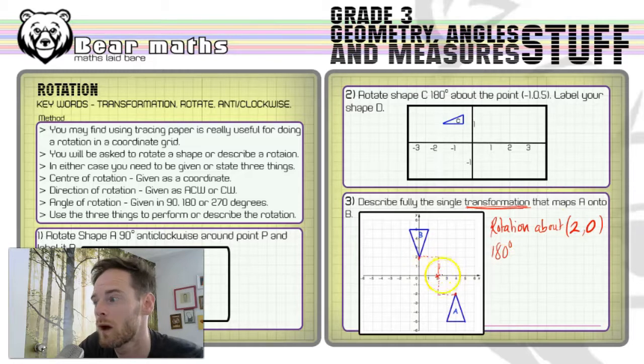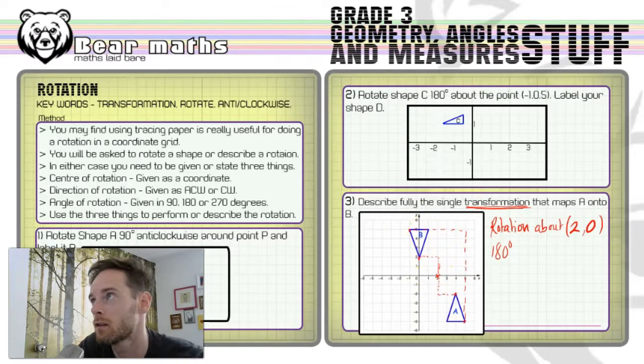You can see that as well from the other points. If we choose that point there, that's our corresponding point on shape B. So we go 1, 2, 3, 4, 5, 6, 7, 8, 9, 10 squares up, and 1, 2, 3, 4, 5, 6 squares across. So 3 squares and 5. We get that same point.